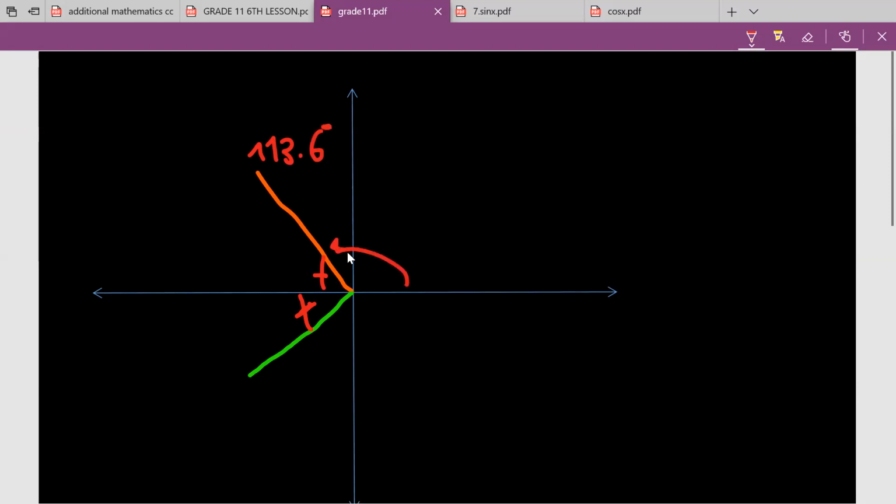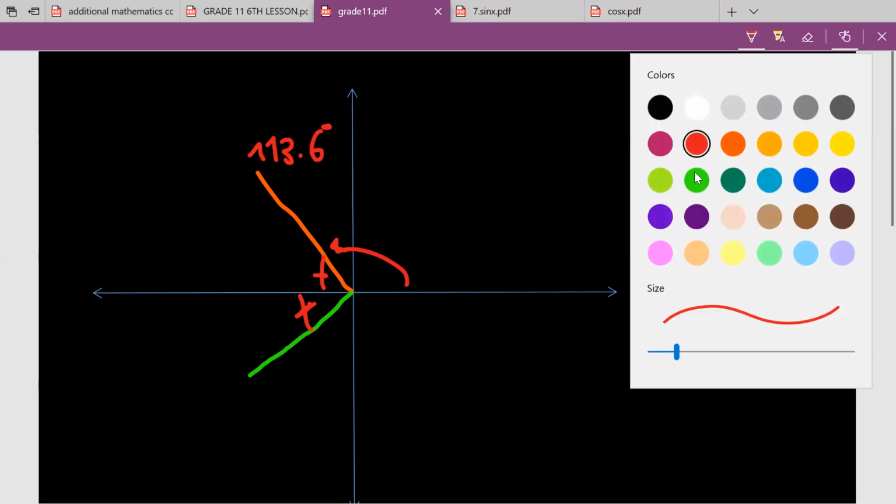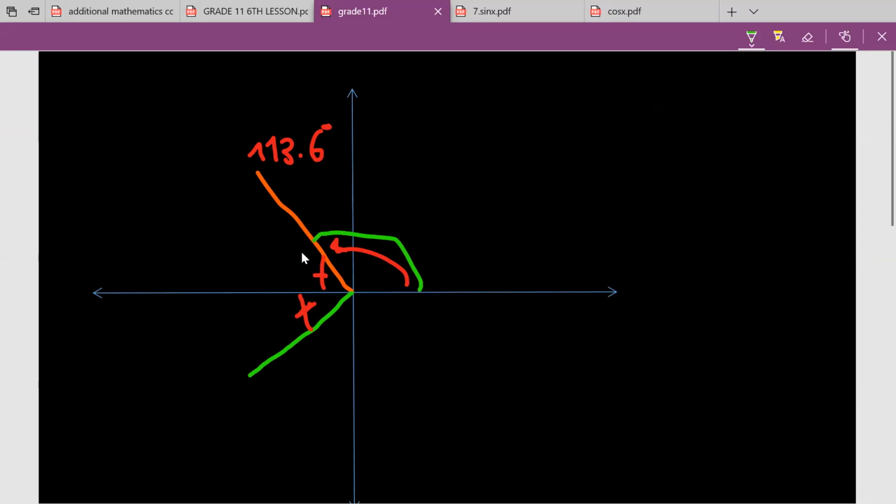what will I do to find the green one? If I find the acute angle here, I can add 180 plus the acute angle and find the value of the green angle. So what is the value of the acute angle here? Let's say the acute angle is A. First, if you find the value of A, you can add and find the value of the second solution.